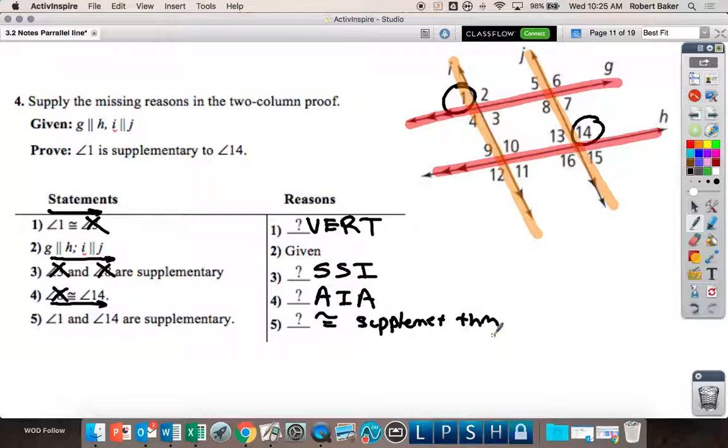We're both boyfriends. Now it's saying that 3 and 8 add up to 180. Well, aren't 1 and 3 the same thing? Yeah. So if 3 is supplementary to 8, then 1 is supplementary to 8. Now, if 14 is the same as 8, you see how you can match all that stuff together?